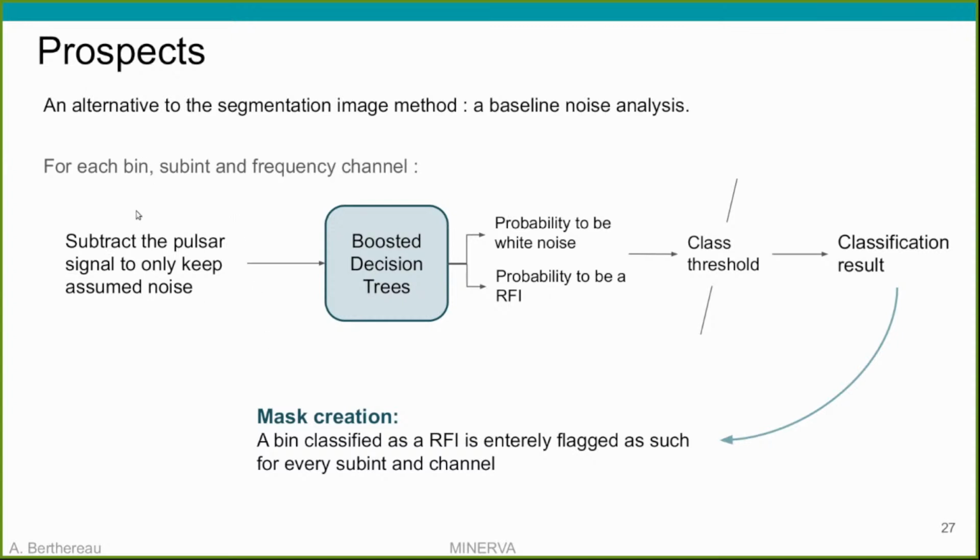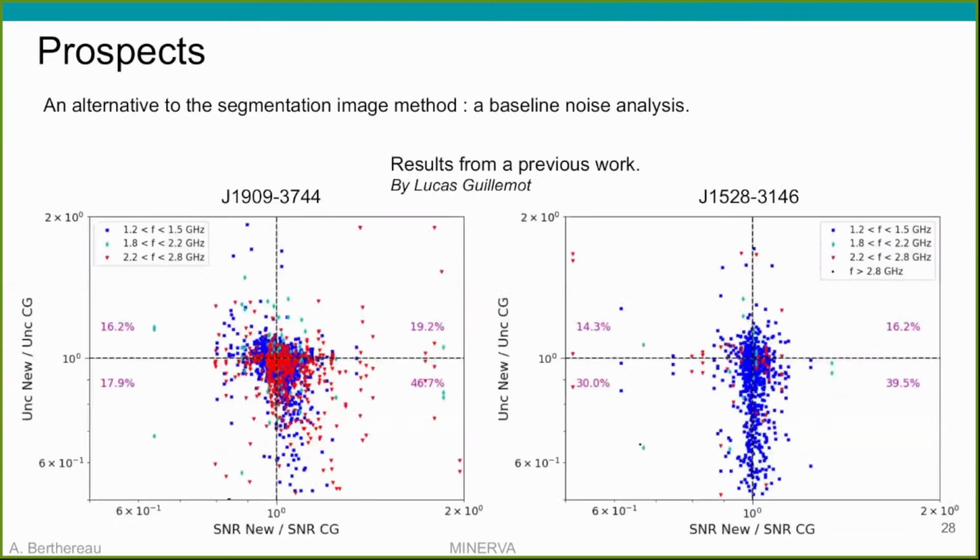Since we are using every part of the observation to determine if it's an RFI or white noise, it's much more precise, in fact, because you're going through each part of the observation and you try to identify if it's white noise or RFI. So you're not working on an average observation. You see what I mean? Okay, yeah.